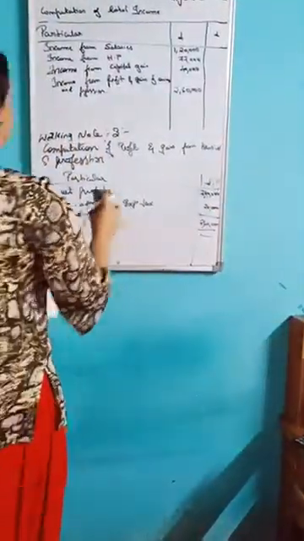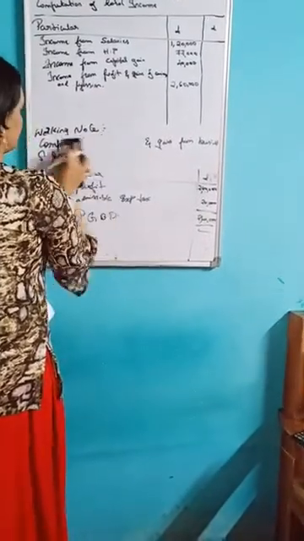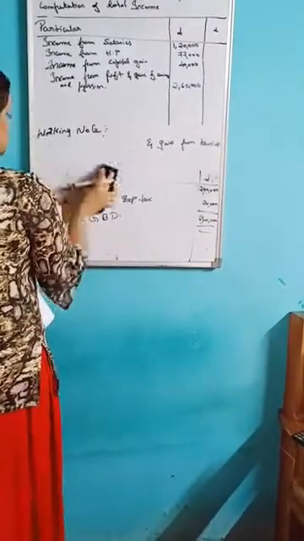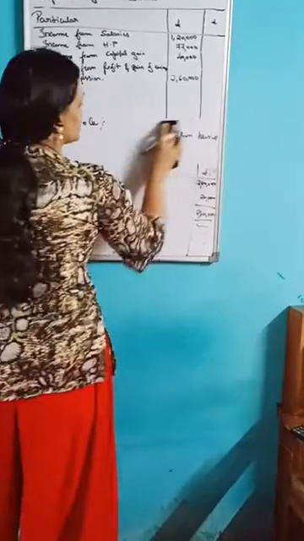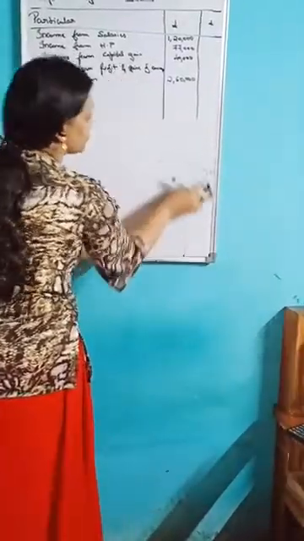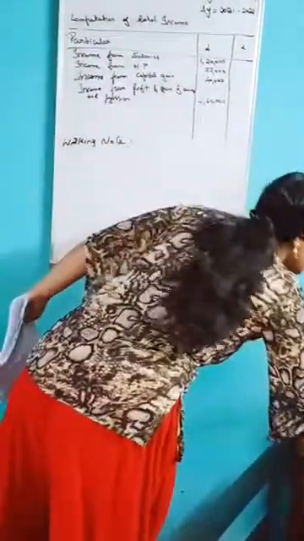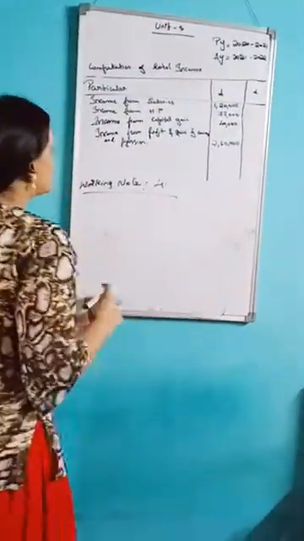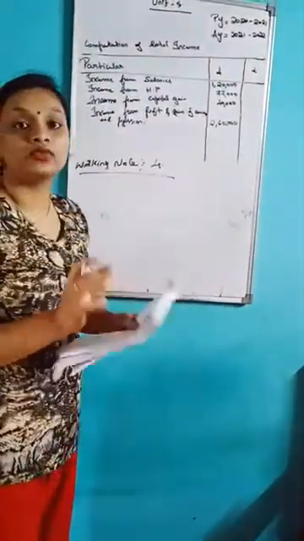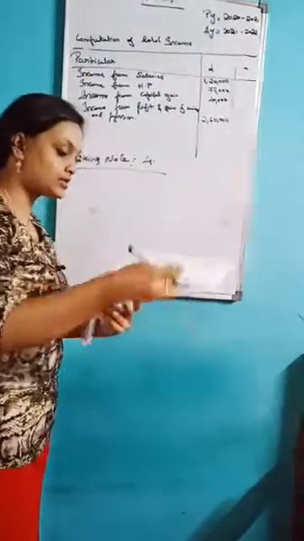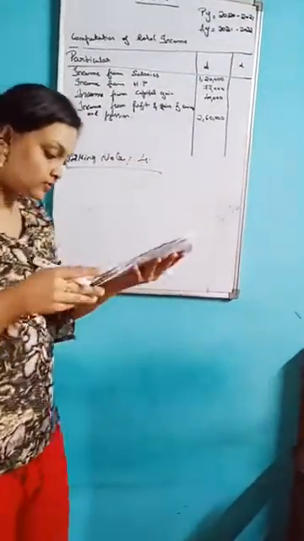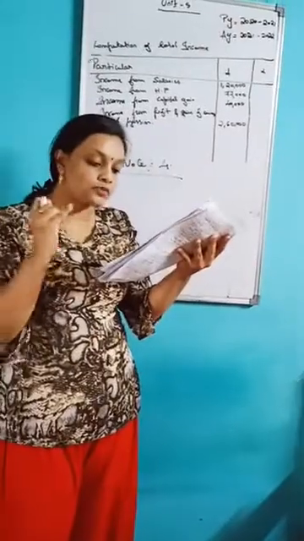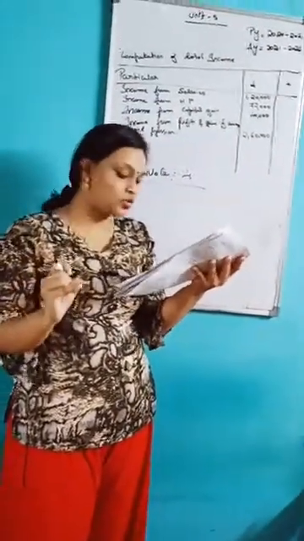Next one is note number 4. Next one is income from other sources. Fourth note, the working note. Next we should calculate income from other sources. The question has given interest on bank deposit 14,000.